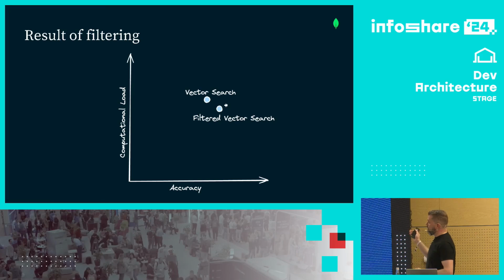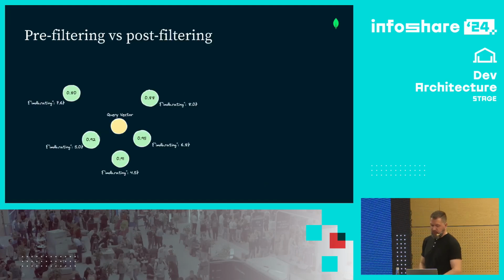So again, it's more accurate and a little bit less of a computational load. And there is a little asterisk there, and the asterisk has to do with being too restrictive. It could possibly introduce hallucinations and some weird things. So the short answer is just make sure that you provide enough context and don't be too restrictive on your filter. But why would we want to pre-filter?